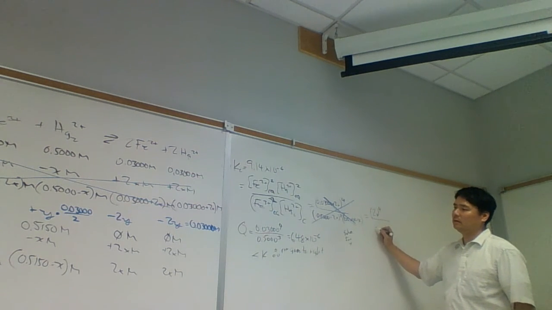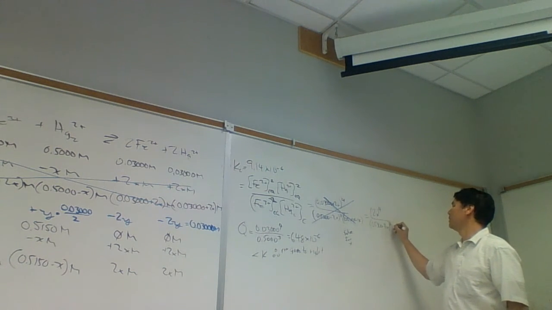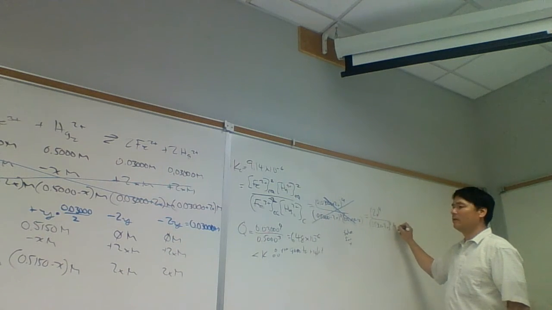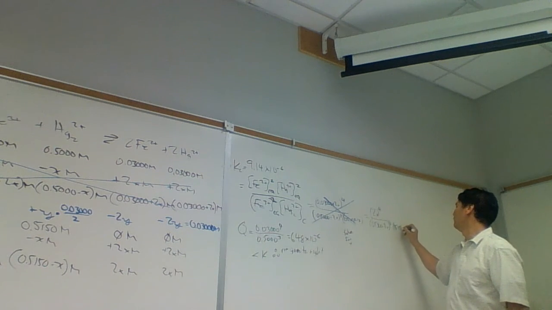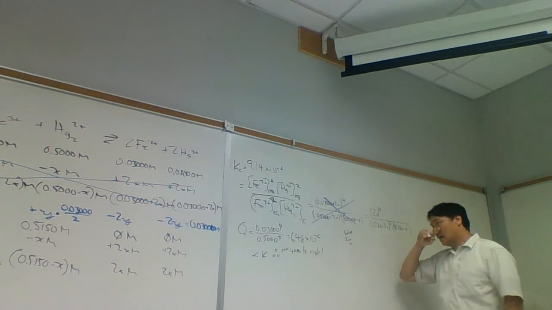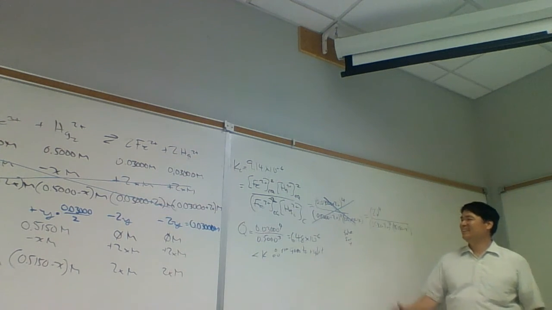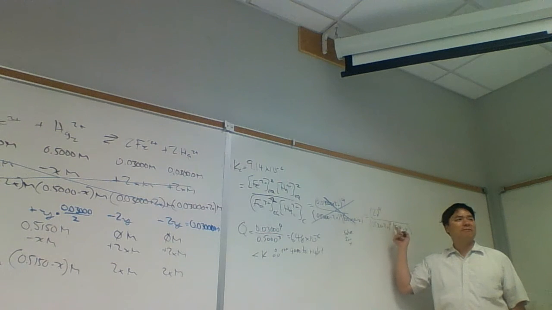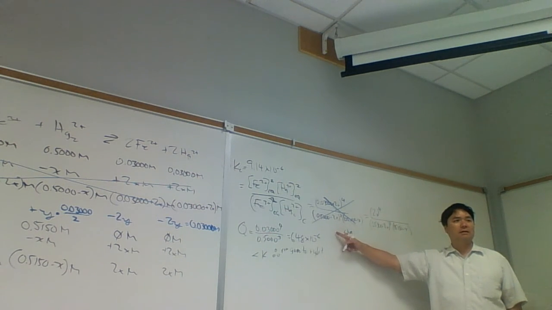Divided by 0.5300 minus 2x squared times 0.5150 minus x. All right, and so do you see this is going to be a lot faster to solve than this with the guess and check method, successive approximation.